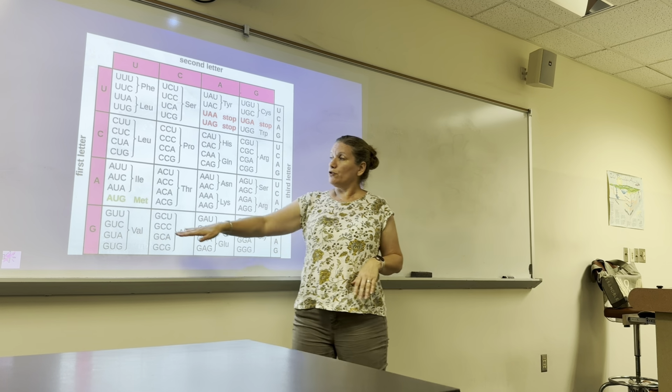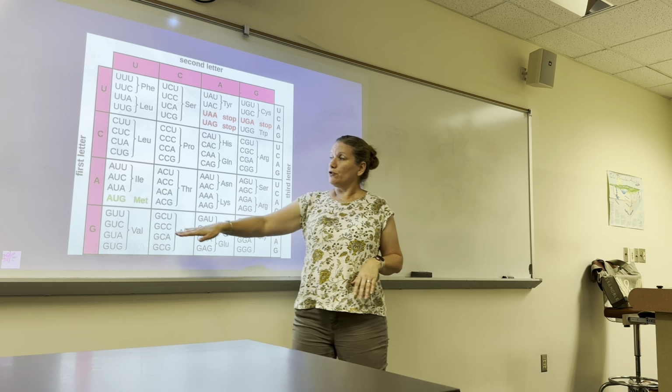Then your second letter is on the top, so if we have CCA, I would be looking for C, something along here. C is my second, so I'm in this box. Usually by the time you get to the third, you're already in a square, so it's pretty easy to locate. However, they do tell you the third letter is listed on the right-hand side as to where it's located in that box.